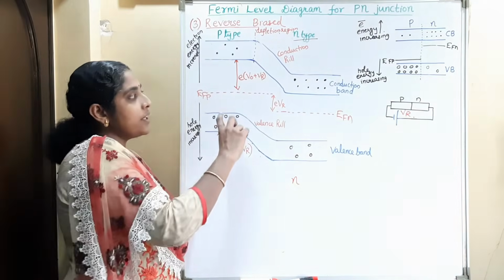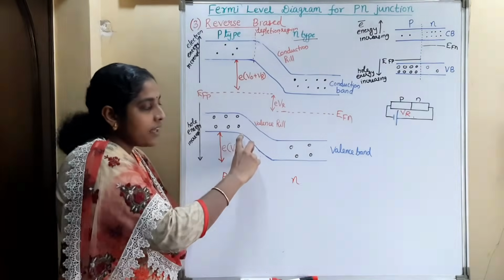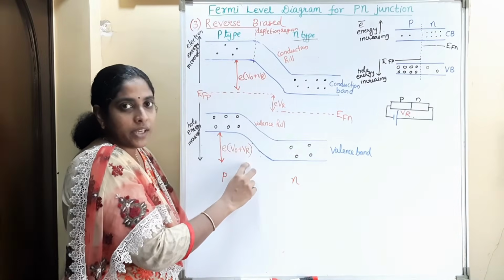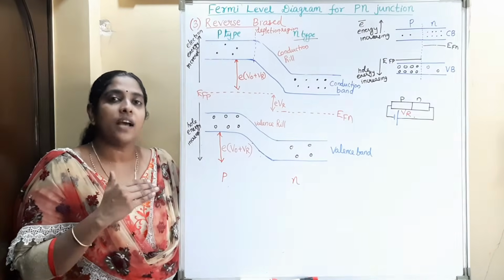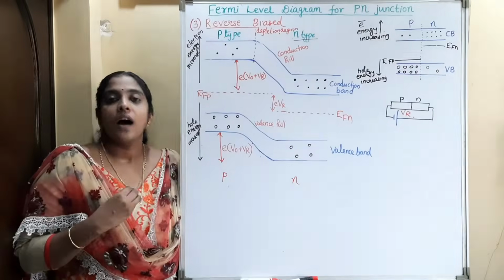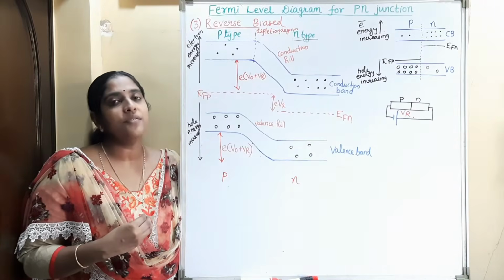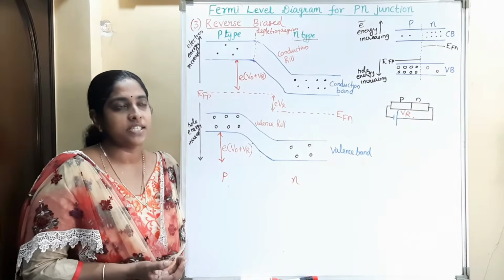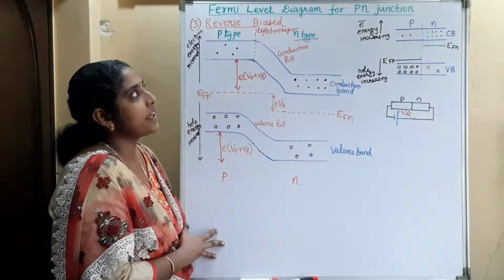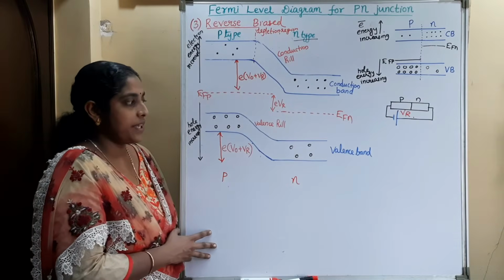Due to that, the height of the conduction hill and valence hill increases by an amount eVR, and it prevents the further diffusion of charge carriers across the junction. However, this barrier does not influence the diffusion of minority charge carriers across the junction. So this is the Fermi level diagram of a reverse biased PN junction diode.